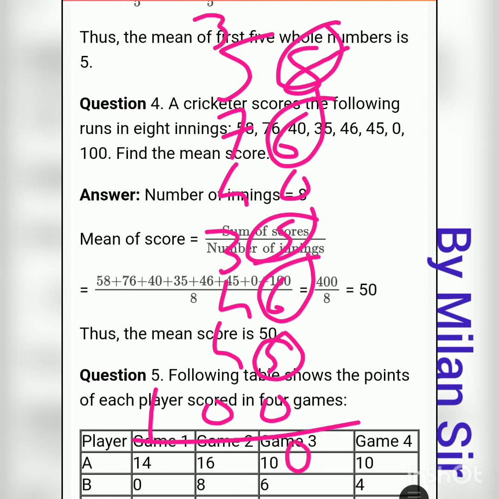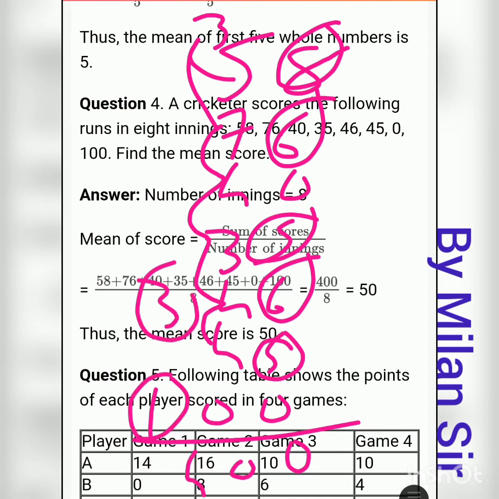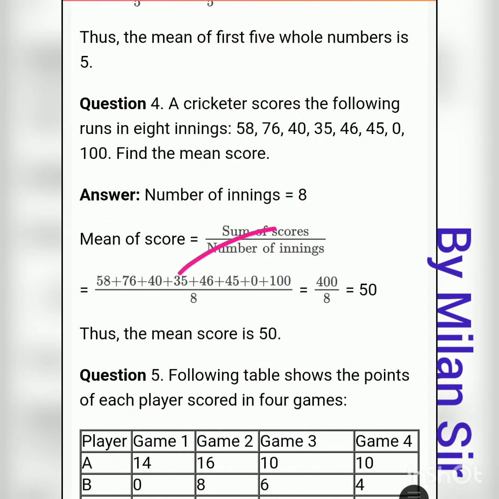Here remainder 3. 5 plus 3 is 8, 8 plus 7 is 15, 15 plus 4 is 19, 19 plus 3 is 22, 22 plus 4 is 26, 26 plus 4 is 30. So 0 and carry 3. Now 3 plus 1 is 4. So addition is 400, right? So in the numerator 400 divided by 8.